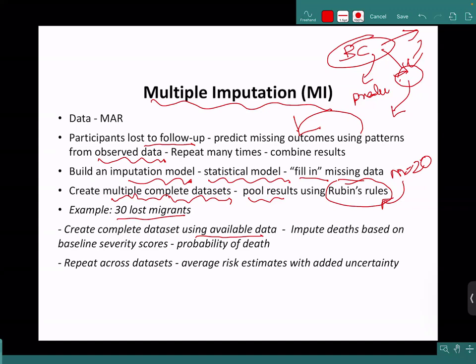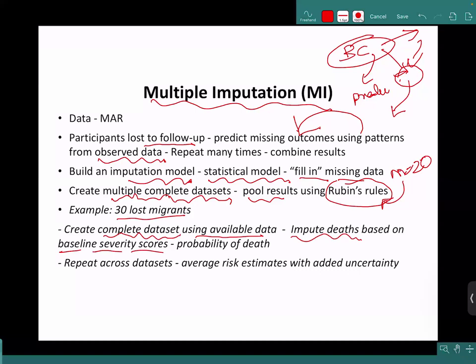So you use those variables, and you try to get the outcome status for those who have been lost to follow up. That is what I mean by creating complete data sets. That is what I mean by imputing the outcome or the deaths for those who have been lost to follow up based on baseline values. Are you getting me here?